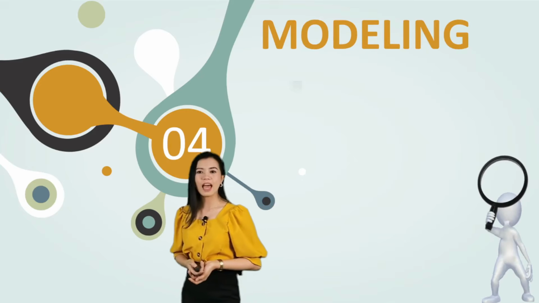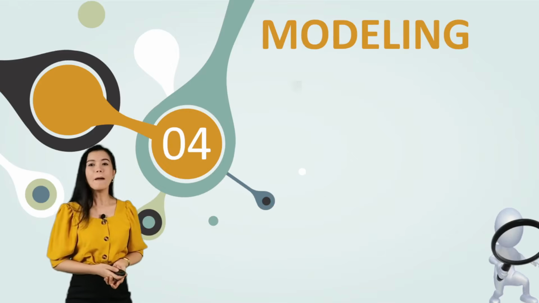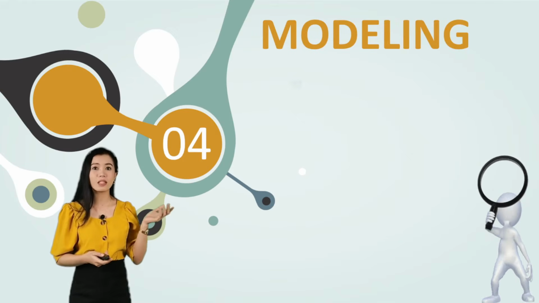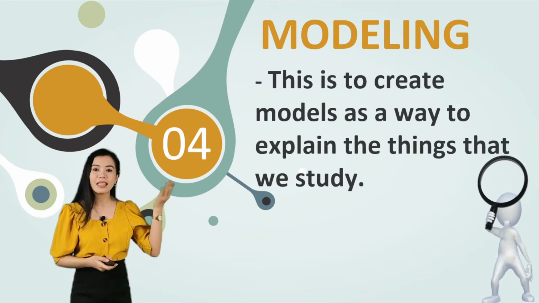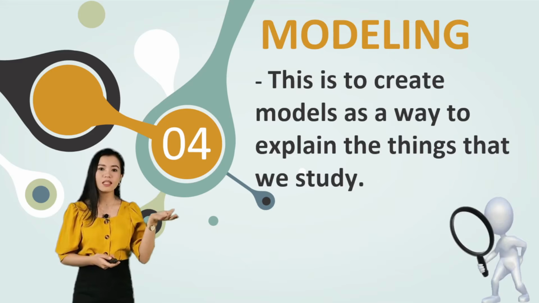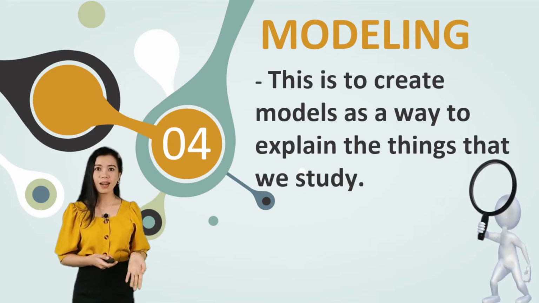Next, we have modeling. Modeling is to create models as a way to explain the things that we study. We can share the data using diagrams, charts, tables, graphs, equations, or essays.